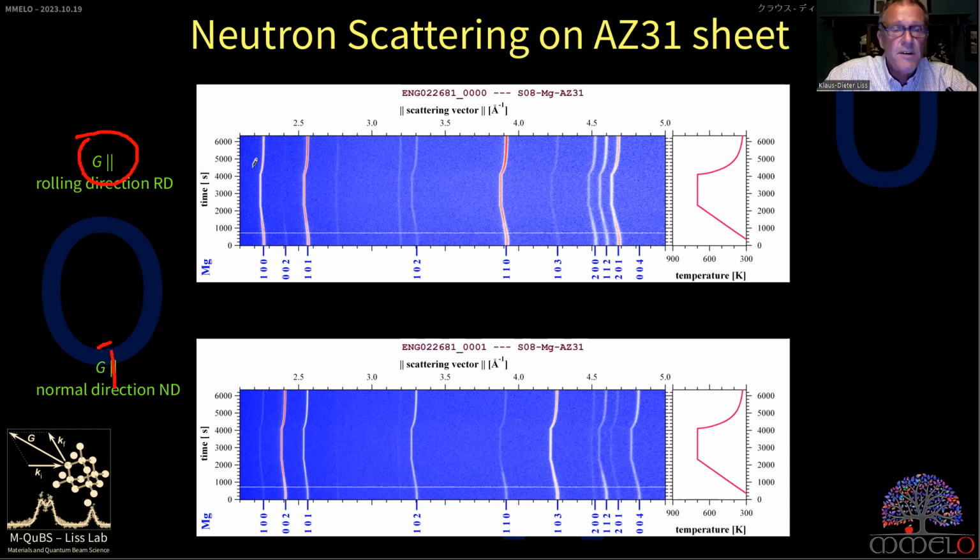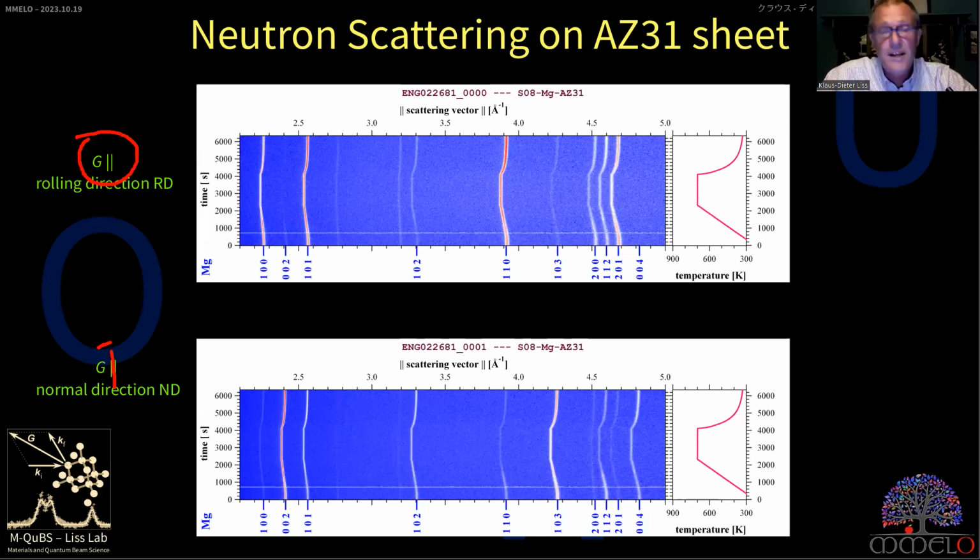So we have the 100 reflection, the 002, the 101 reflection, and so on. We ramp the temperature as a function of time. The time is given here to the left, and I often show these kinds of diffractograms, while the temperature is raised, then we hold it, and then we furnace cool it down. So the two detectors show these diffraction patterns as a function of time.